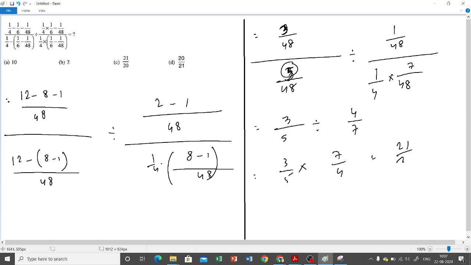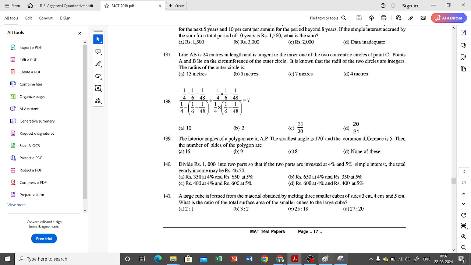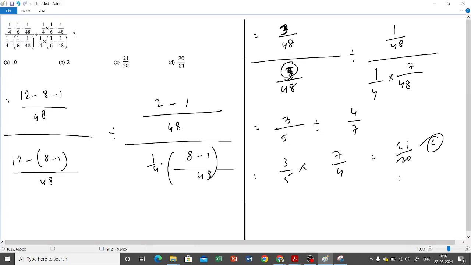7 is 21 by 20. Yes. Okay, 21 by 20. See, that's a plain calculation.